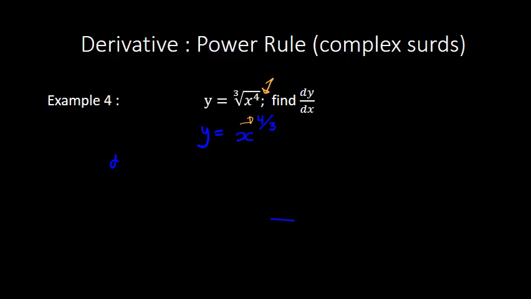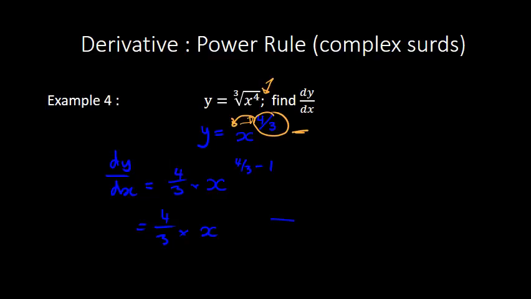Having done that, to find the derivative, we do as we have done previously. We get ourselves our old power and we're going to bring it down the front, and we're going to take 1 off. So we will get 4/3 of x to the power of 4/3 minus 1. In this case, it'll be 4/3 of x to the power of 1/3.